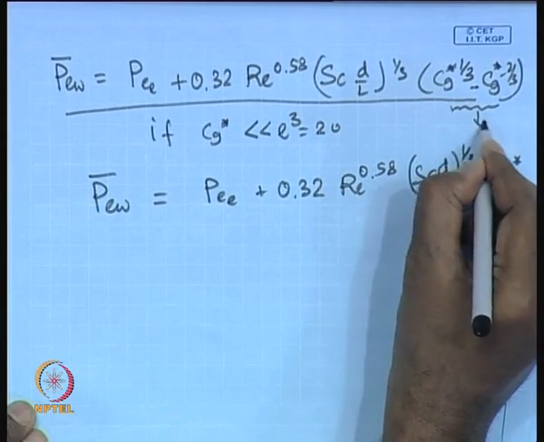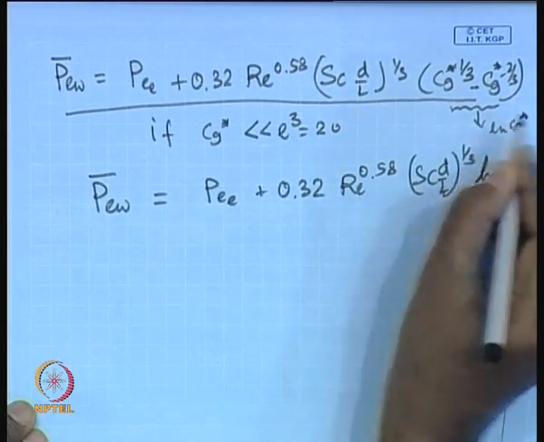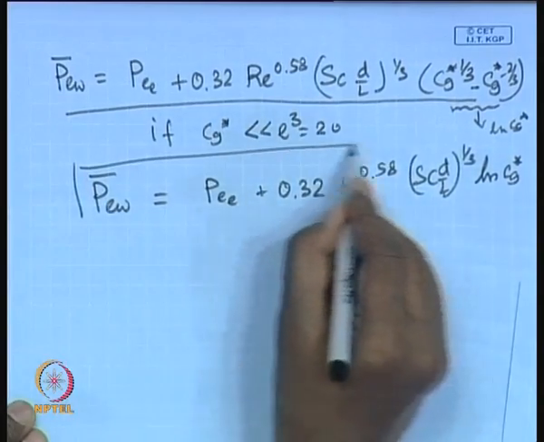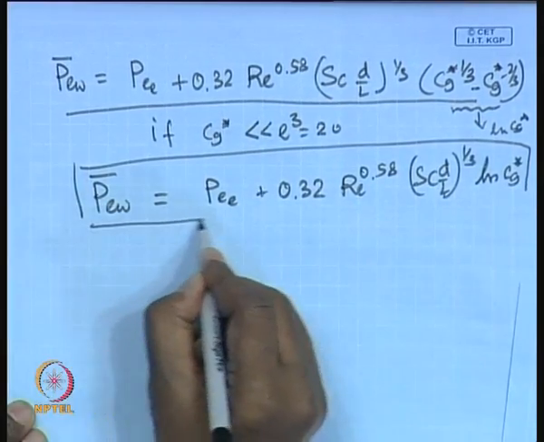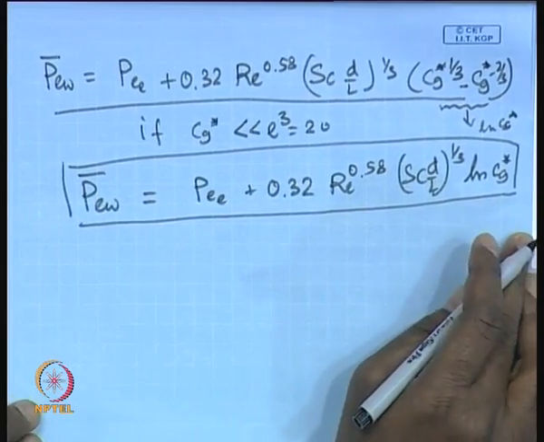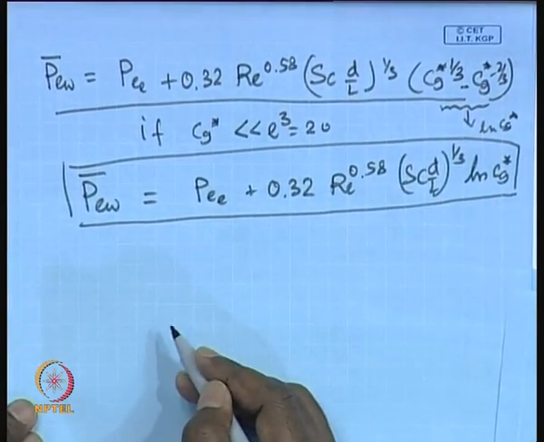This quantity becomes ln Cg by C naught if Cg star is less than 20, that we have already discussed in our earlier case when we talked about the laminar flow, gel layer control ultrafiltration and the integral method of solution.